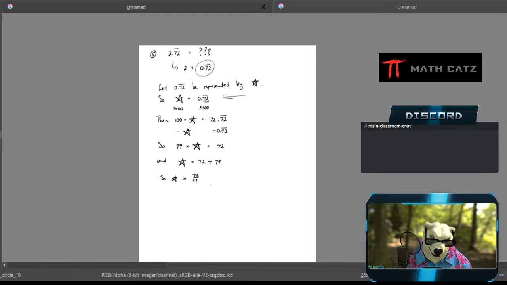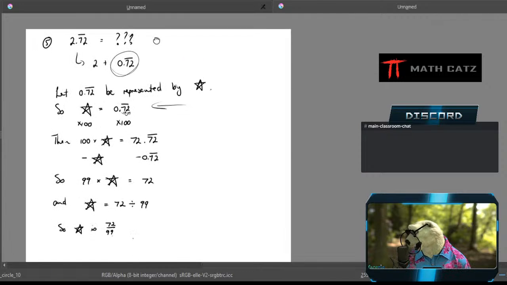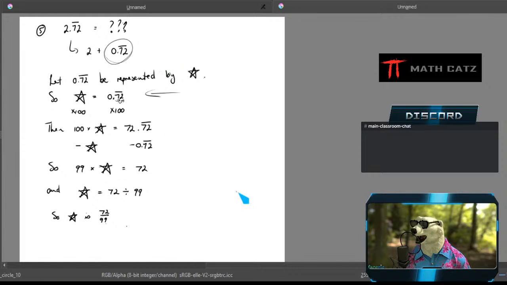Now, of course, this is the method. Whoopsie, go there. Come on, 25, there we go. But I do get used to seeing fractions over 9, fractions over 99. As I do more of these, my experience does build, and it gets to a point where I feel like, oh, I knew that 0.72 repeating was 72 over 99. Sure, but it depends on your audience.